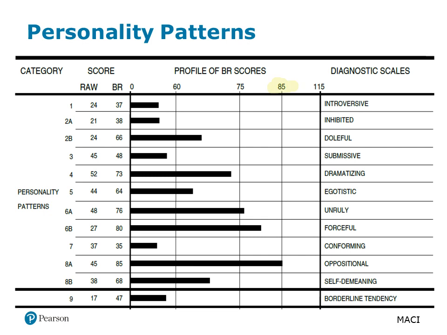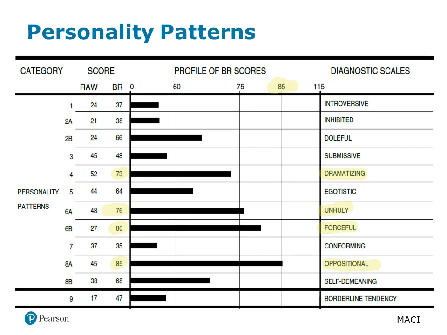Notice 85 over here. I look at the base rates, 85 for the oppositional scale. The next highest is a base rate of 80 for the forceful scale. The next highest is a base rate of 76 for the unruly scale, and then 73 for the dramatizing scale.